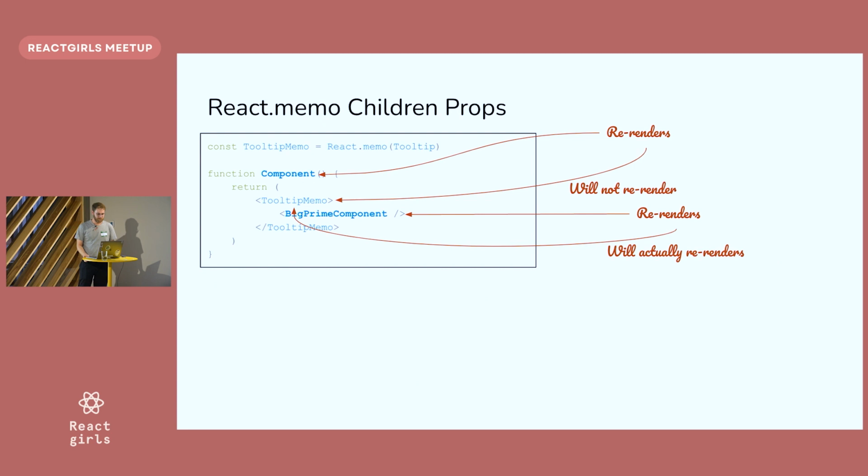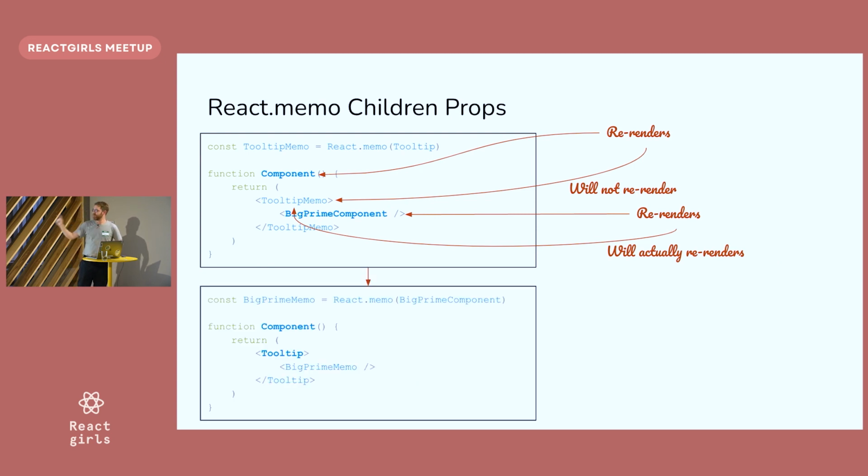But now, the big prime component is actually a prop of the tooltip memo. We're just writing it this way, but if we wrote it as tooltip memo children equals the prime component, it would be the same. So the big prime component is a prop of the tooltip memo, so it will re-render, actually.